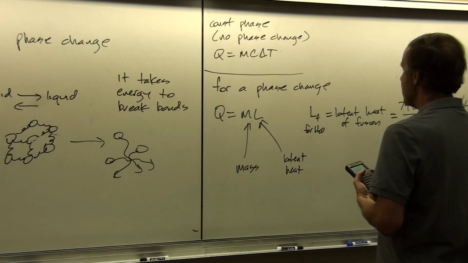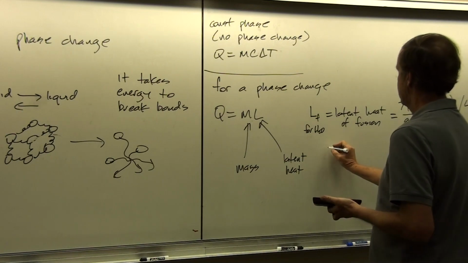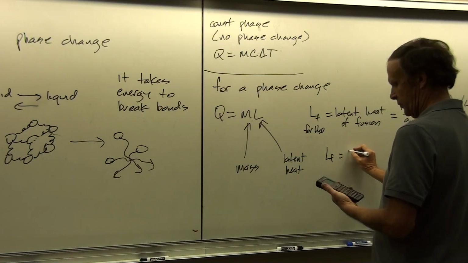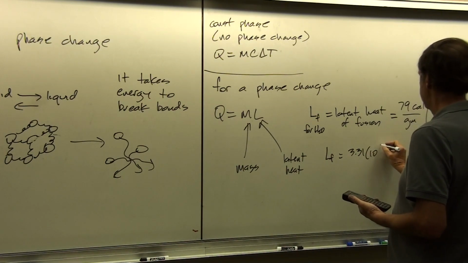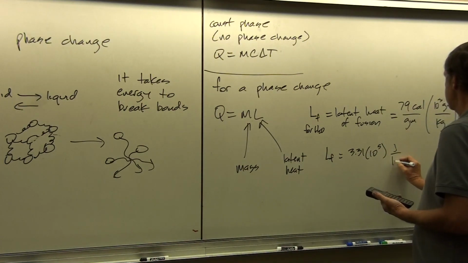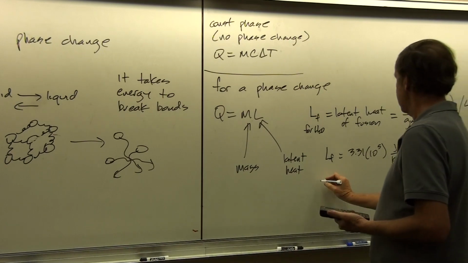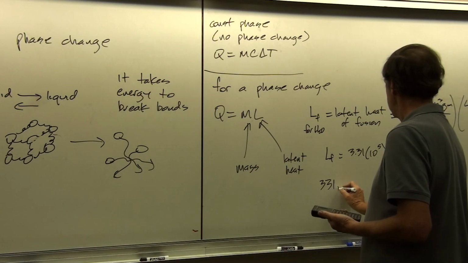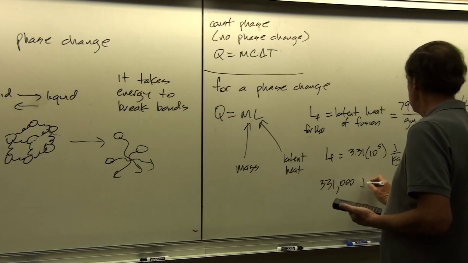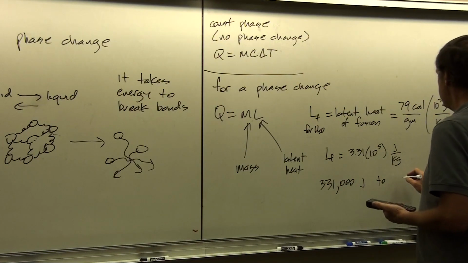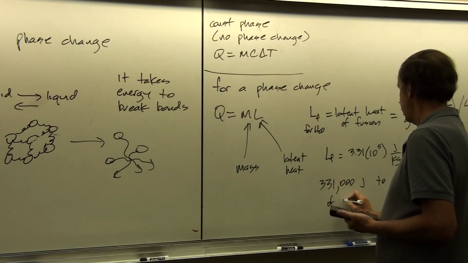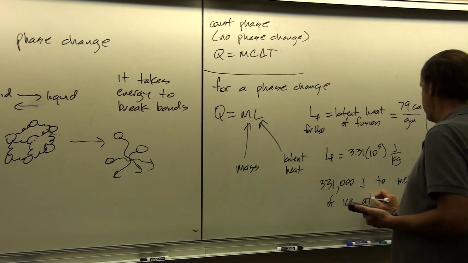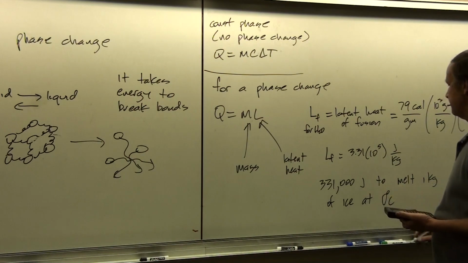So for water, 3.31 times 10 to the 5 joules per kilogram. This means it takes 331,000 joules to melt 1 kilogram of ice at 0 degrees centigrade.